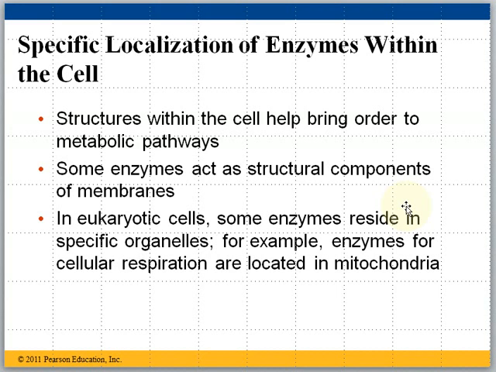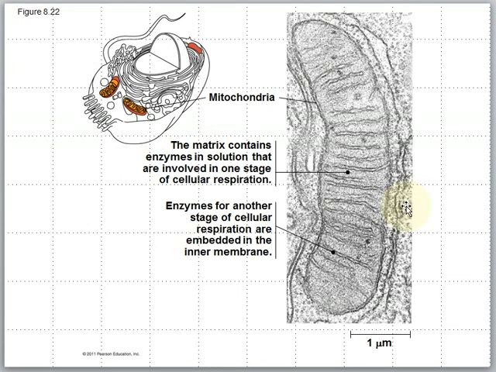Oftentimes, like in eukaryotic cells that have all the different organelles, you'll find specific enzymes in specific organelles. So enzymes for cellular respiration are located in the mitochondria, while enzymes with a different purpose are located in a different organelle. These enzymes are not just everywhere. They're generally located in specific parts of the cell or body having to do with their function.